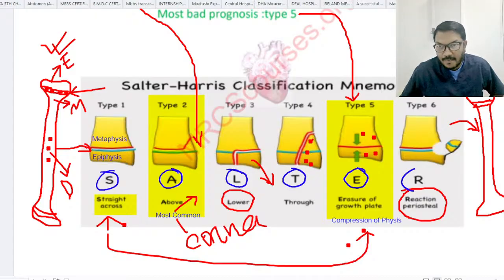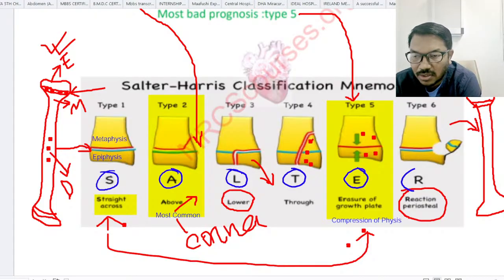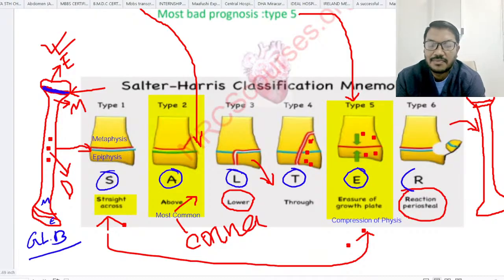So let's see here. This is a growing long bone. Here we have epiphysis, then this is the epiphyseal cartilage, and then metaphysis. Again we have diaphysis, then metaphysis, epiphyseal cartilage, and epiphysis. If there is a straight fracture in between metaphysis and epiphysis, it is called straight, or type 1.